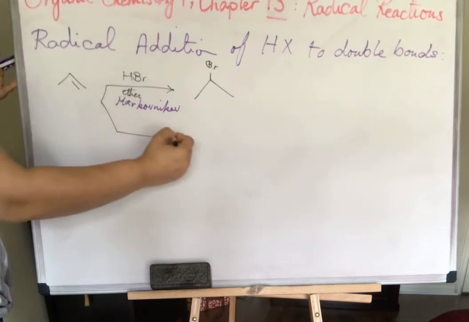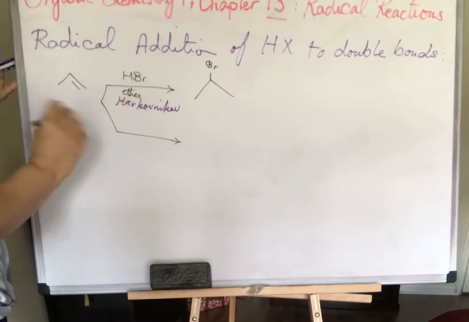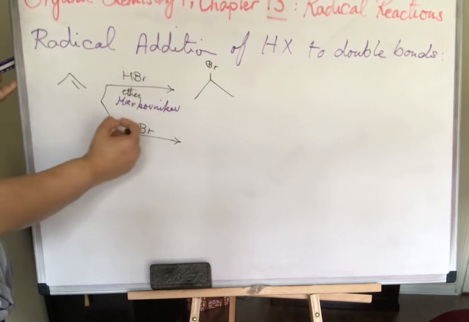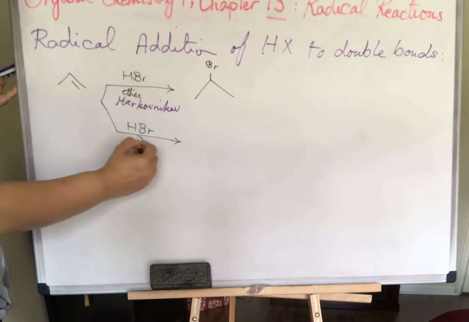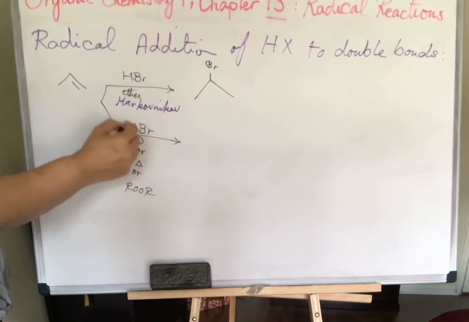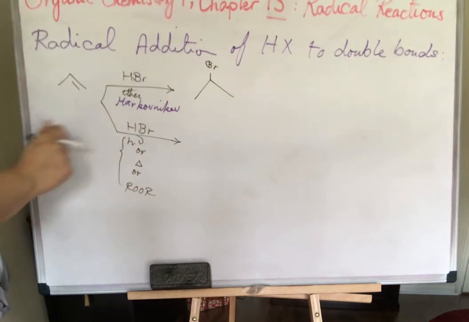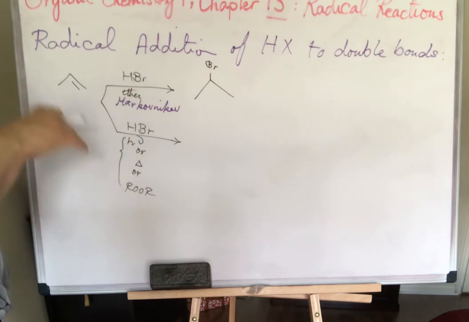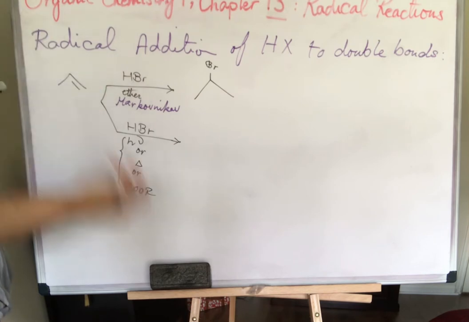But what if you want a non-Markovnikov product? Then you can use hydrogen bromide, but you need to use UV light, or you need to use heat, or a peroxide. So by now you know that these three, UV light or heat or peroxide, whenever you have them in the reaction, they're the sign of a radical addition.